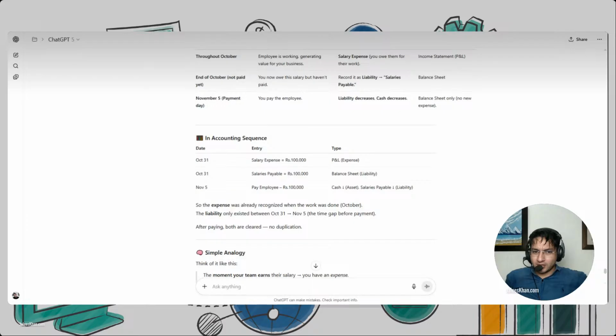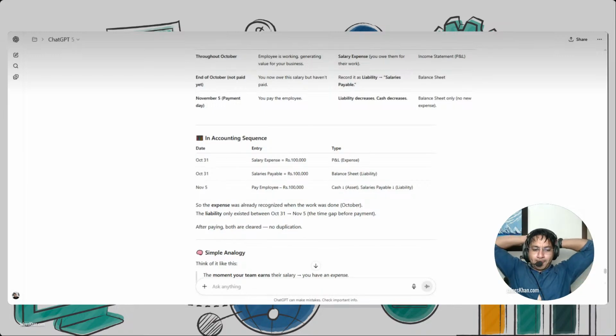Number five, pay employees: cash decreases, asset decreases, salaries payable decreases. So the expense was already recognized when the work was done. The liability only exists in the time gap before payment. After paying, both are cleared, no duplication.